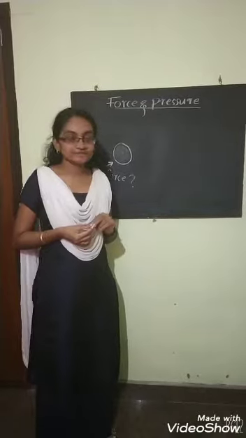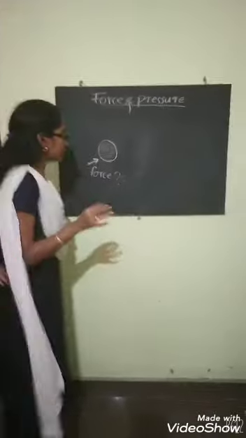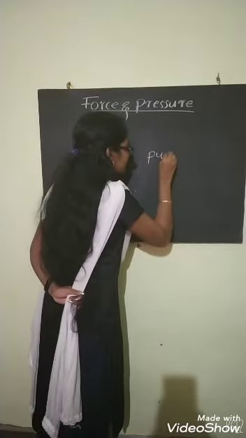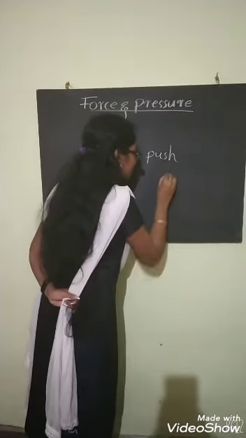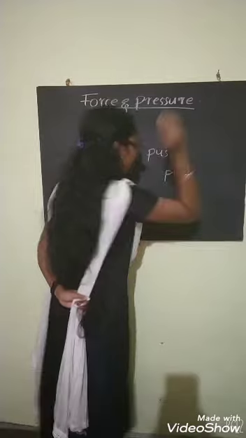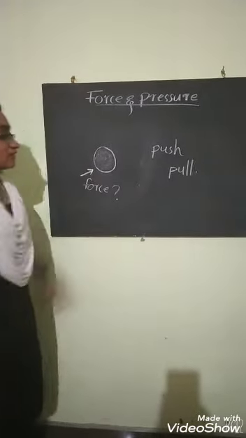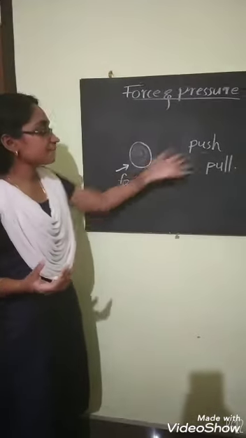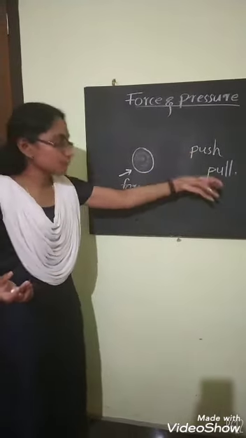Hope you filled the table. We can conclude from the table that in every situation we may have a push or pull. That is, when we act with a force on an object, a push or pull may happen.